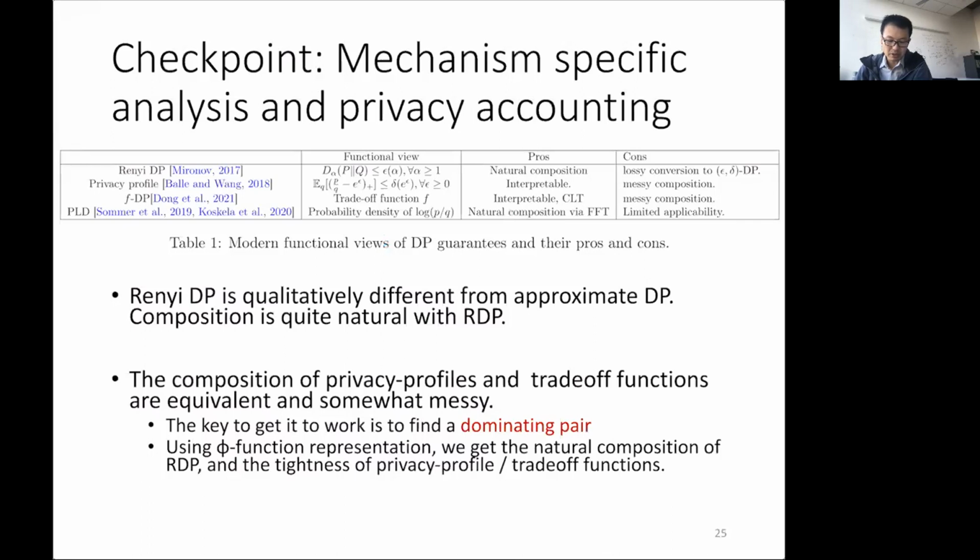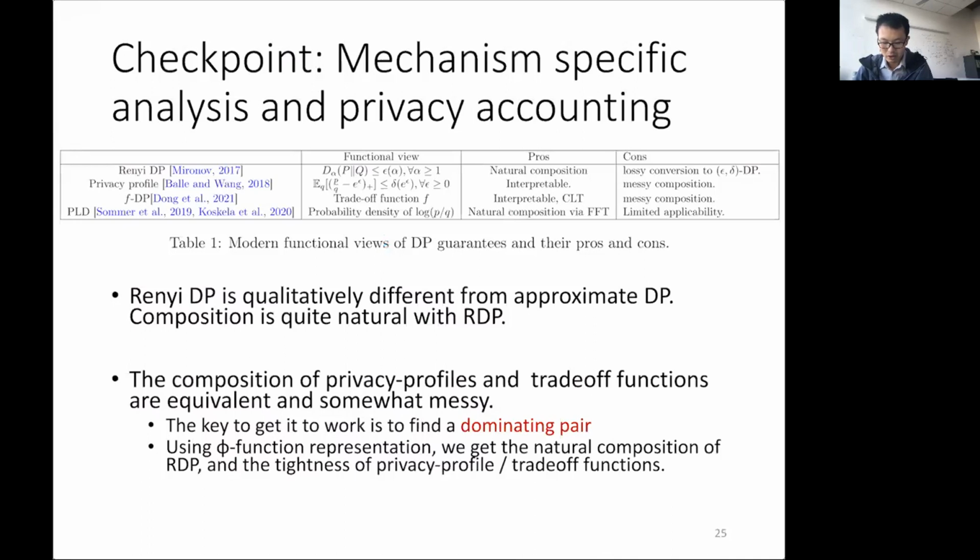We've seen that Renyi DP is qualitatively different, and even though it features a very natural composition, we've also seen how we can make use of the phi function representation to get the best of both worlds in some sense.